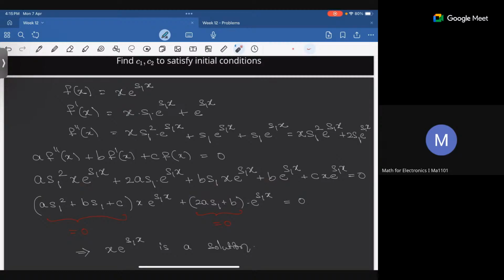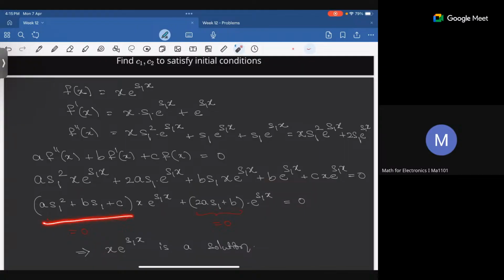If you substitute all these three things in this equation and group the terms, if I pull out x e power s1x, I'll have a s1 square plus b s1 plus c into x e power s1x. And from the other two terms, if I pull out e power s1x, I'll have 2a s1 plus b.